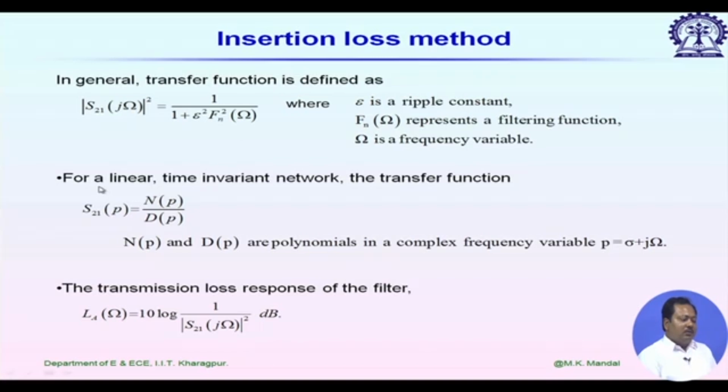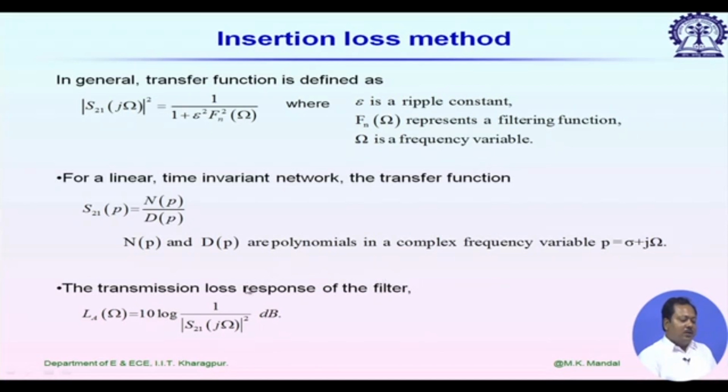It can be shown that for a linear time invariant network, the transfer function S21 can also be represented by the ratio of two polynomials, N of p divided by D of p, where N and D are polynomials in a complex frequency variable p equal to sigma plus j capital omega.